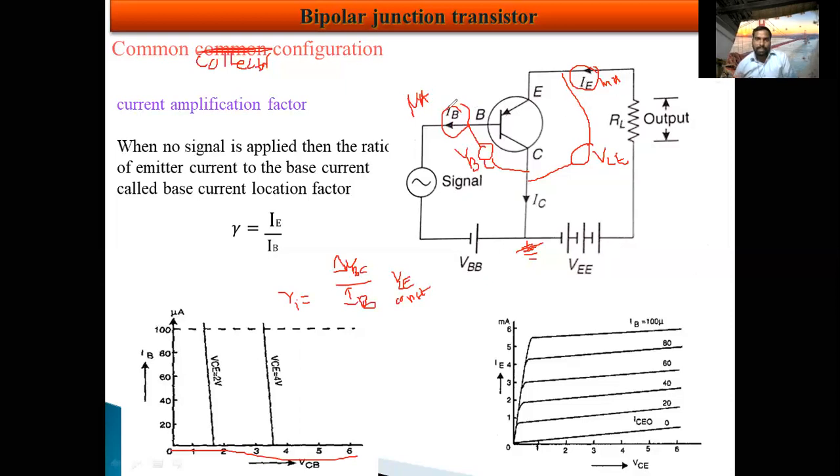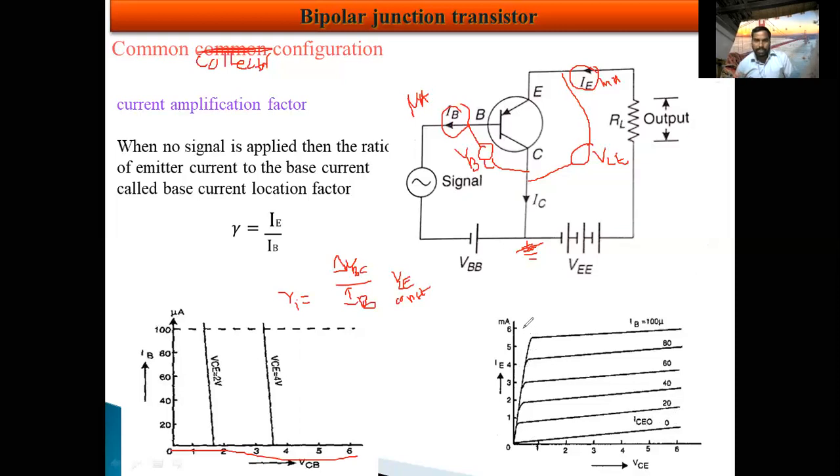This is done for different constant IB values, noting VCE and IE. VCE is taken along the x-axis and IE along the y-axis. We can draw the graph, which is shown in the figure like this.